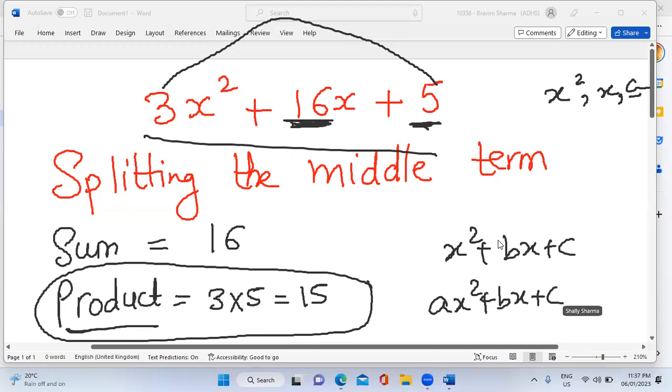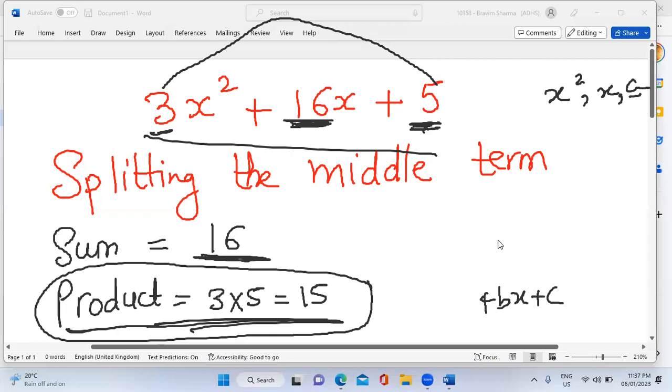Sum will remain the same, but the product would be different in both the cases. So in this case, the product will be 3 multiplied by 5. Now we have to find two numbers that will add up to 16 and give a product of 15.